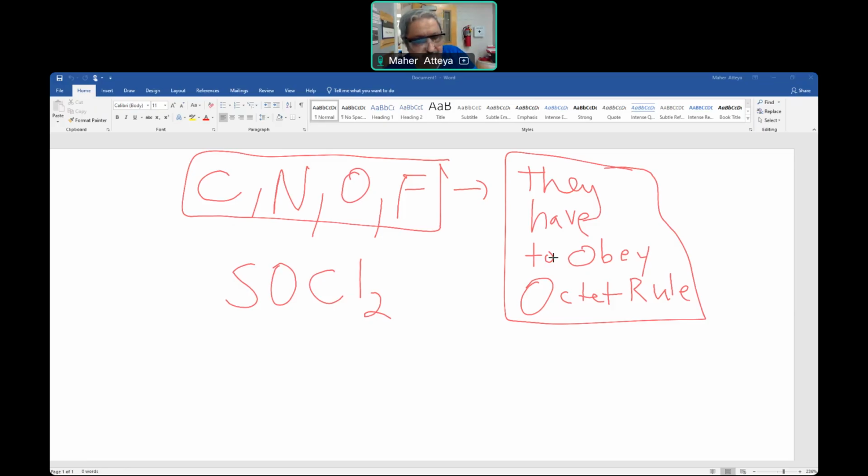But how do we get the Lewis-Dot structure? Well, I know those chlorines have to be terminals because they are identical. They cannot be adjacent to each other. And the rule always tells you to put the most electronegative at the edges, unless there's no other choice, then you can put it in the middle.